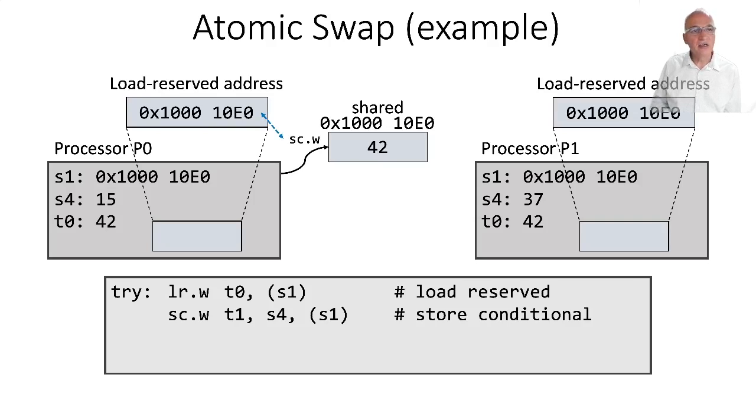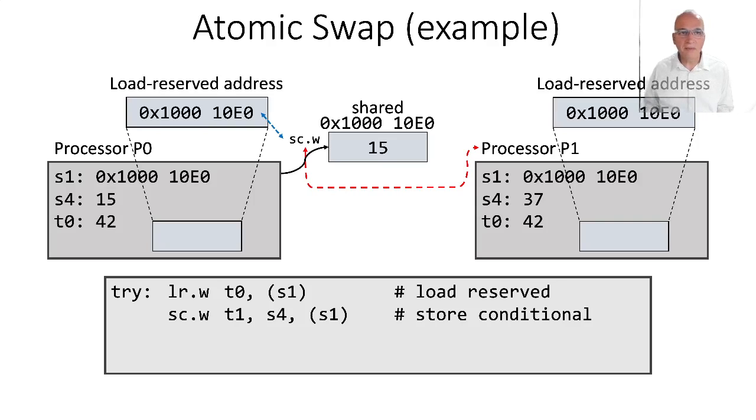What the store conditional will actually be doing is checking the internal table for load reserve addresses in P0. It will find that the address is in the table, so it's okay to do the store. So the store will succeed. The value that was the local value in P0, that was 15, will be written into the shared location, and the store conditional will return success.